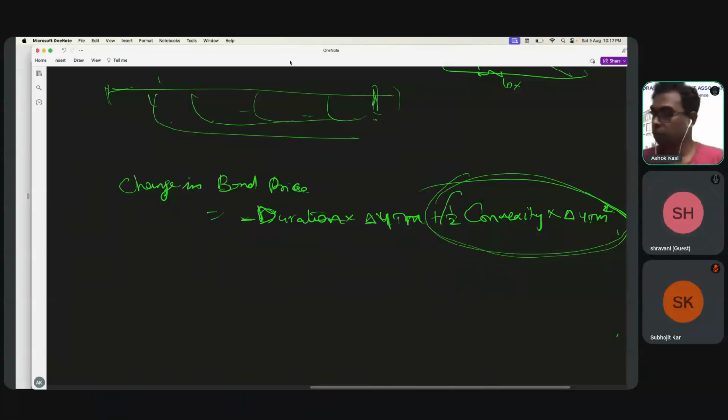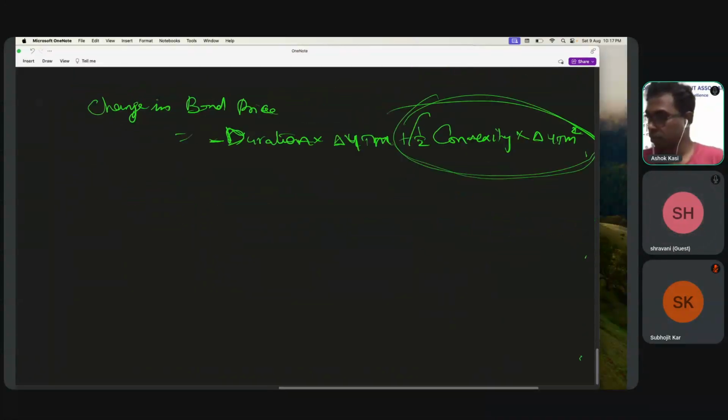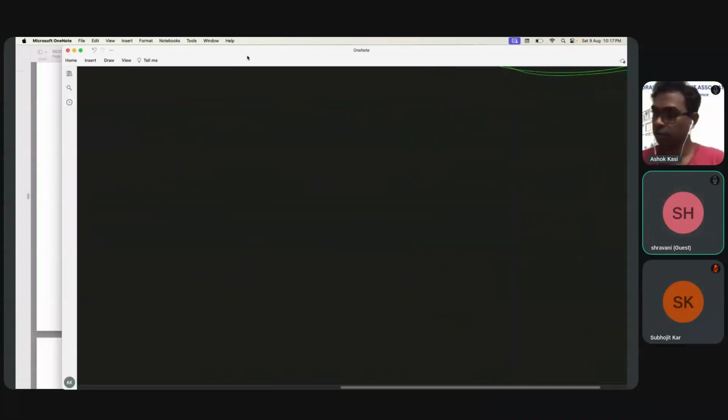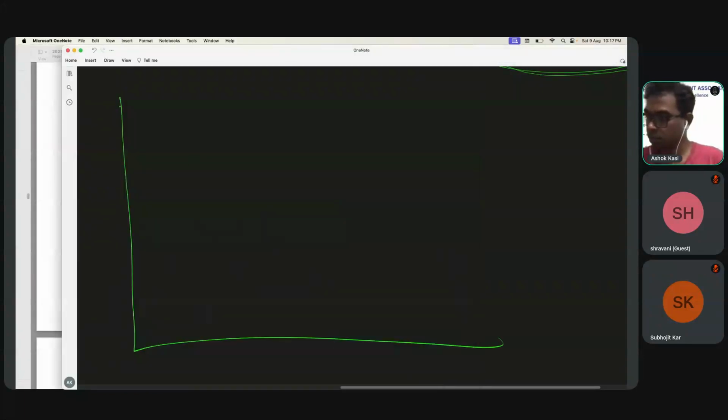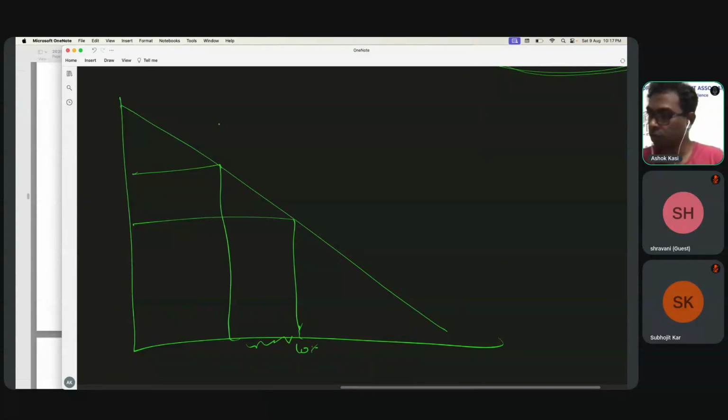Should I write this and explain? See, when the interest rate comes down, the price should go to this much only, but it goes this much. So what is this?